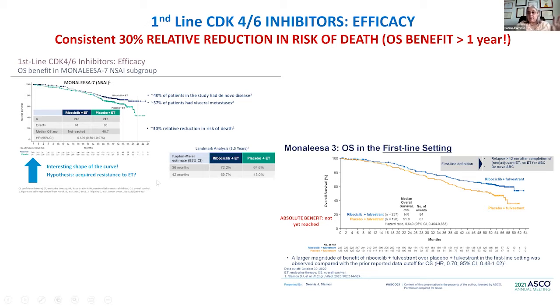In the upper part of the slide, you see a trial performed exclusively in premenopausal women. And in the lower and the right part, you see a very similar trial performed in postmenopausal women. And the benefit was the same. You see the curves separating.